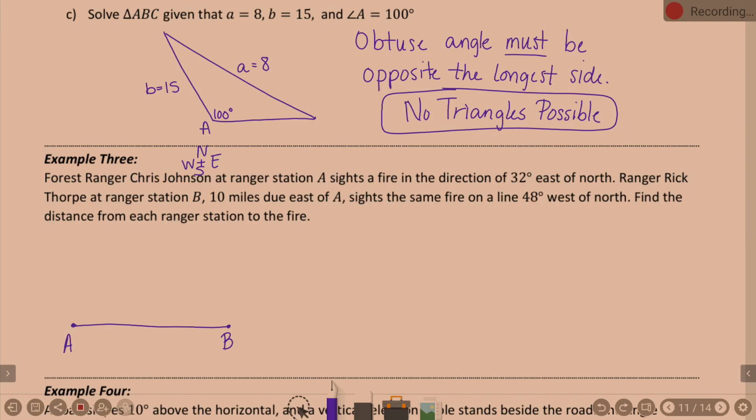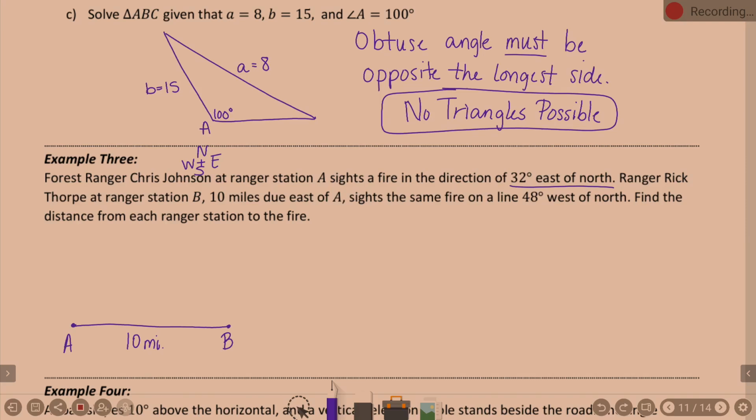And what do we know about these two? They are 10 miles apart. Yes? I kind of skipped that because I knew it would be helpful if we got that set up first. Forest Ranger Chris Johnson at Ranger Station A sights a fire in the direction 32 degrees east of north.